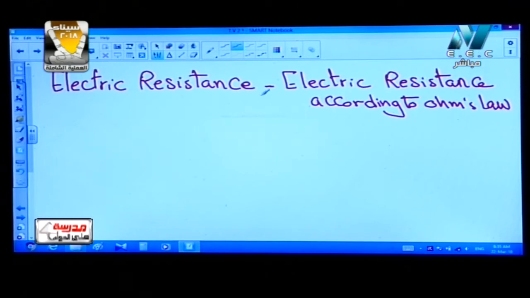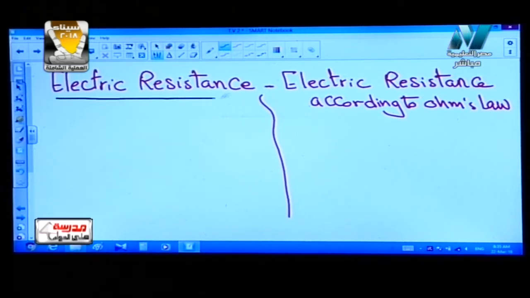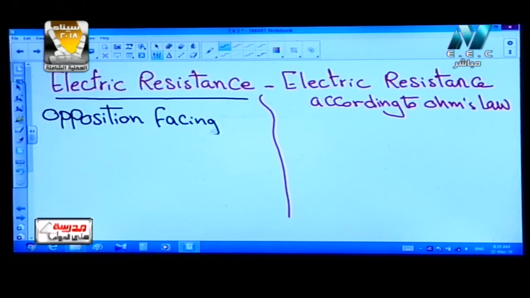So how can we differentiate between the two definitions? Electric resistance here we can translate as opposition, meaning obstruction, facing the electric current. So when he asks what is meant by electric resistance, full stop, I tell him: opposition facing the electric current.